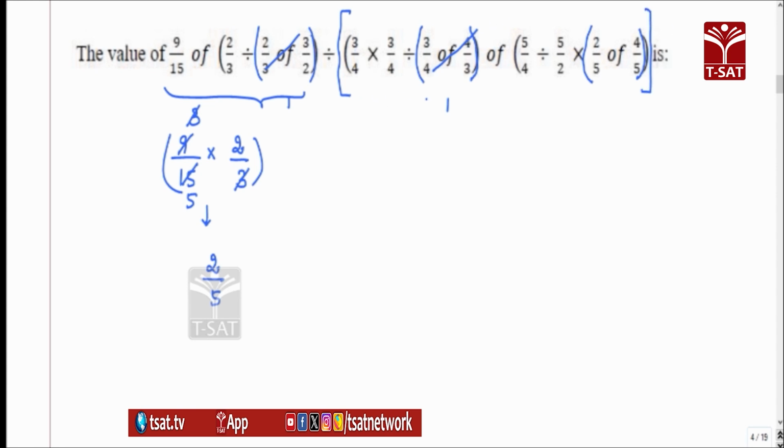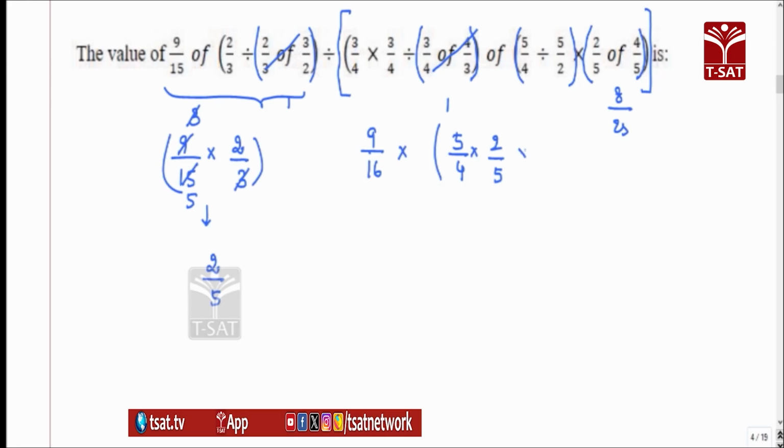Now, within the braces you see here, this is anyway 1. So, 3 into 3, 9 by 16. Of means into. Now, see here, this is 5 by 4. 8 by 25, 5 by 2 means give priority to division. 5 by 4 into 2 by 5.